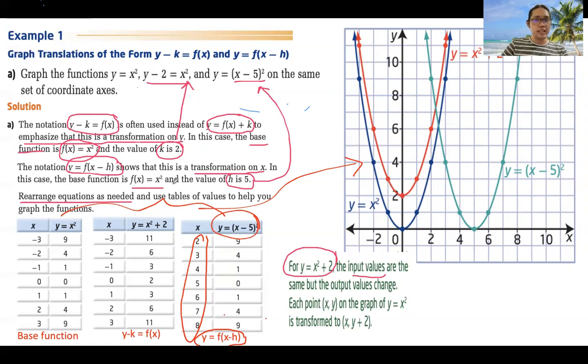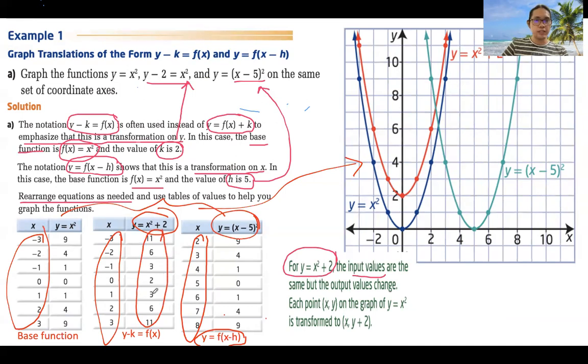The input values are just the same compared to the base function, but they have changed their output values. I'm referring to the value of your y. So it becomes 11, 6, 3, 2, 3, 6, 11 compared to this.